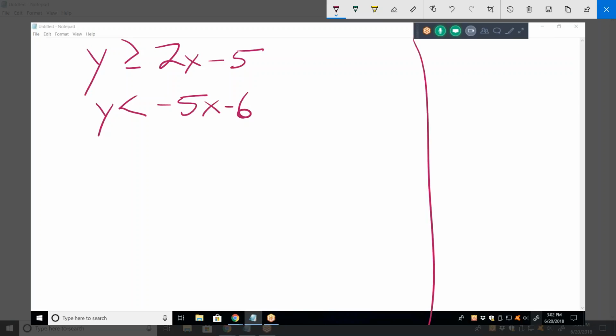So for starters, I'm going to go down 5. Then I'm going to go up 2 and go right 1. What kind of line? It will be a solid line. Which side? It's going to be above.